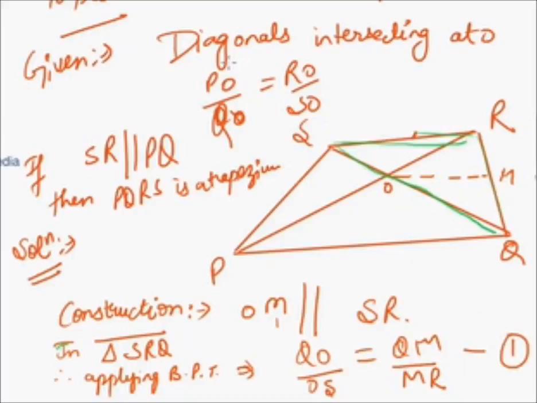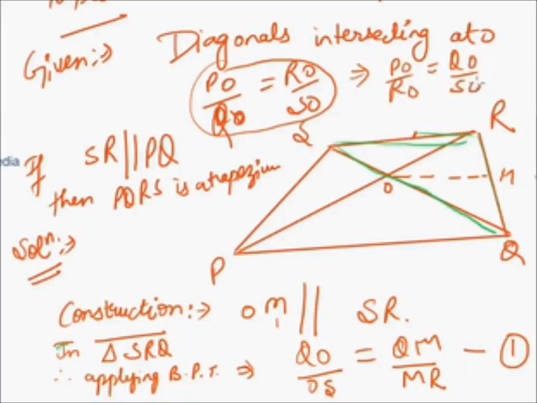Now friends, we are given this thing. We can modify this or rearrange this equation to have QO over OS. That is, we can have PO over RO equal to QO over SO by cross multiplying. Let it be the equation 2.